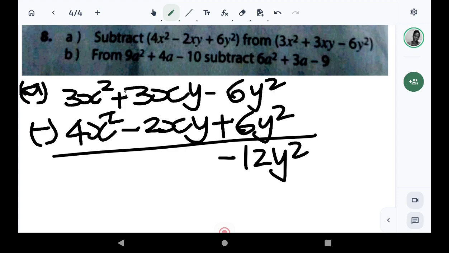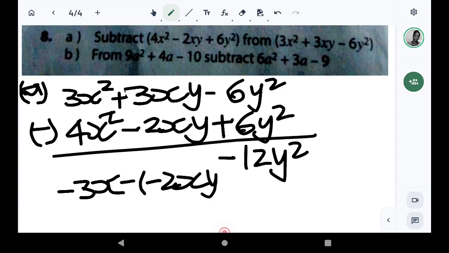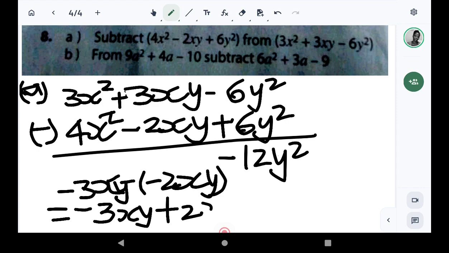Now, negative 3xy minus negative 2xy is equal to negative 3xy plus 2xy, because the minus negative is equals to plus.